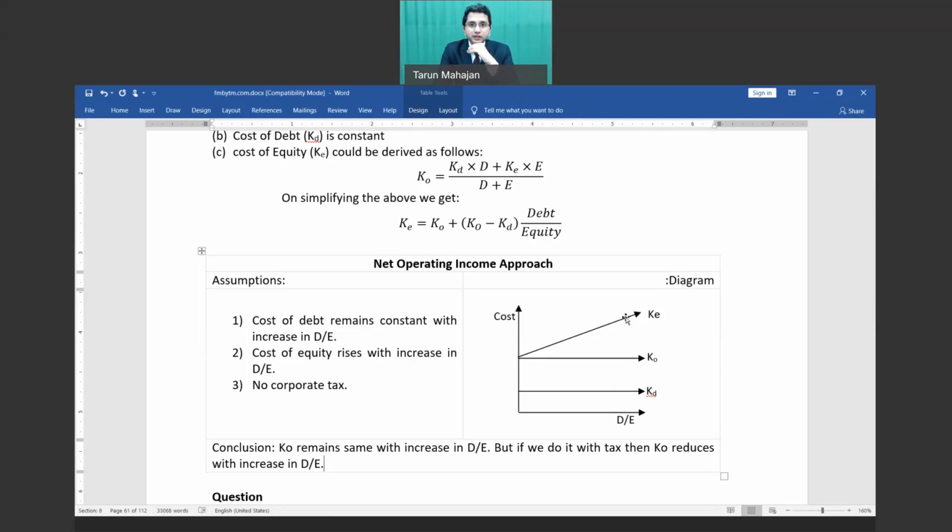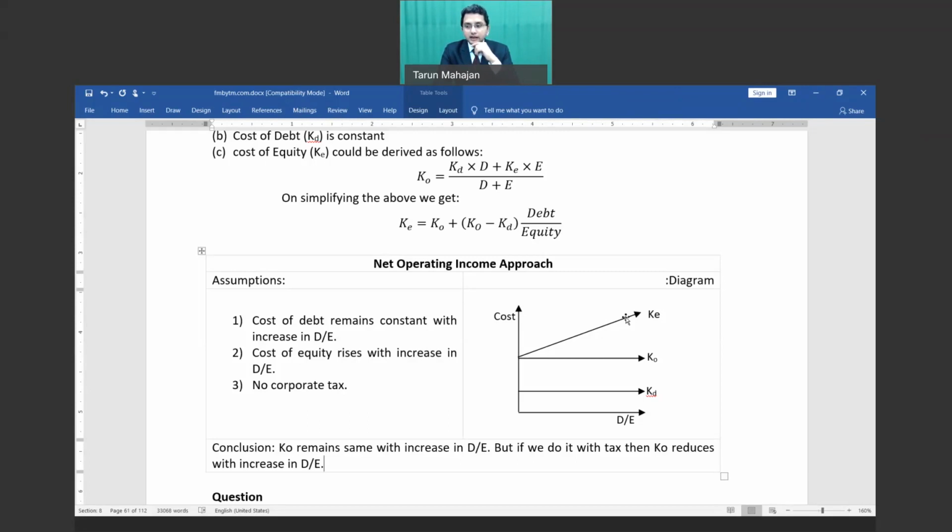And therefore, with an increase in the level of debt, the cost of equity rises. Debt rises, risk rises, and the expectation of equity shareholders, that is KE, also rises. So on one hand, by borrowing more, you're getting cheaper debt.